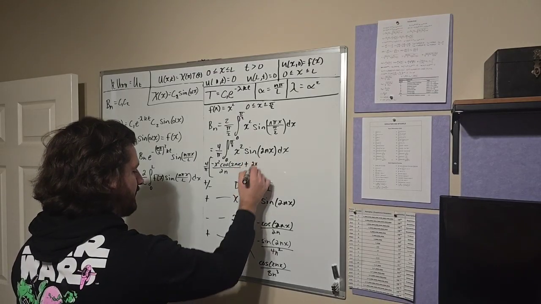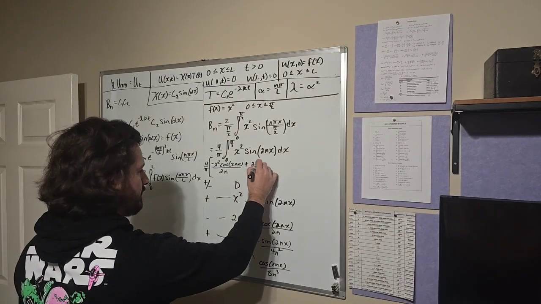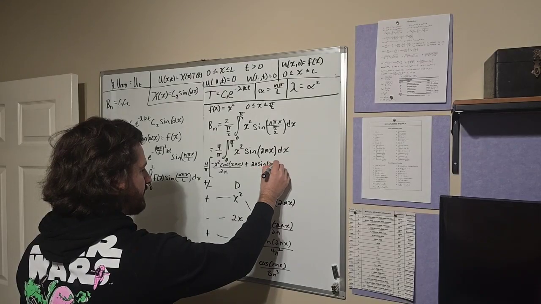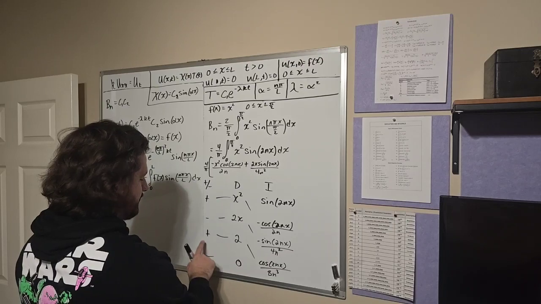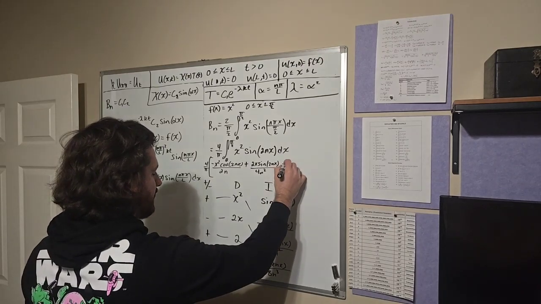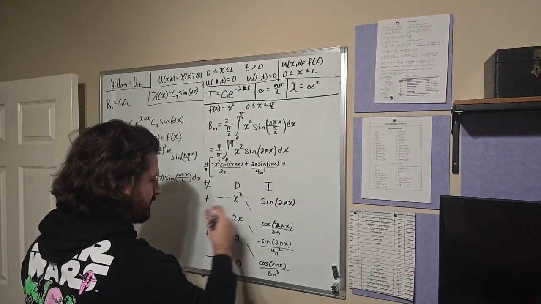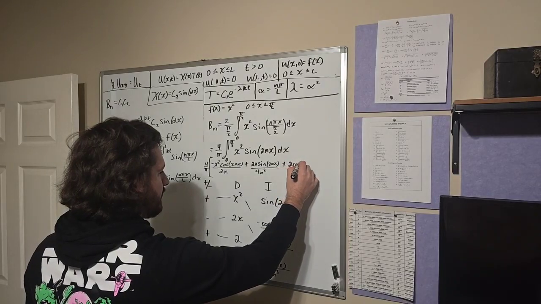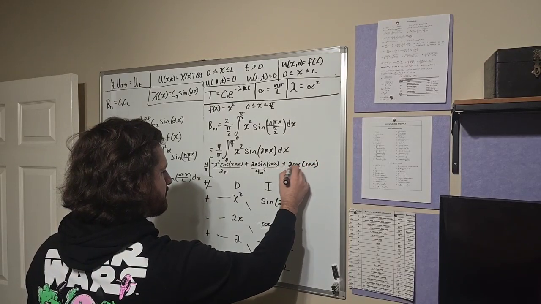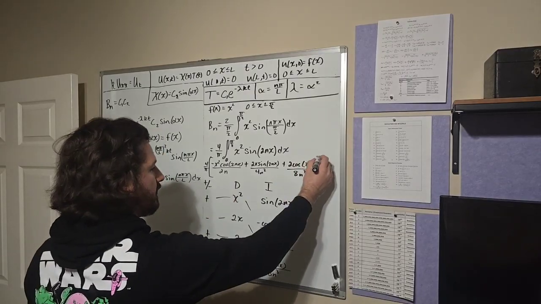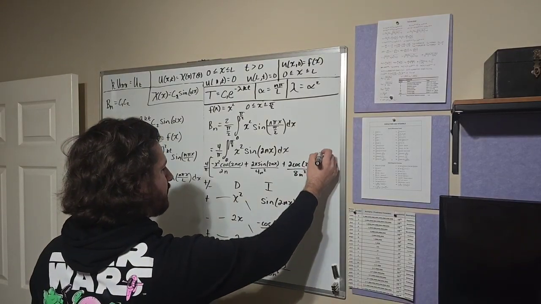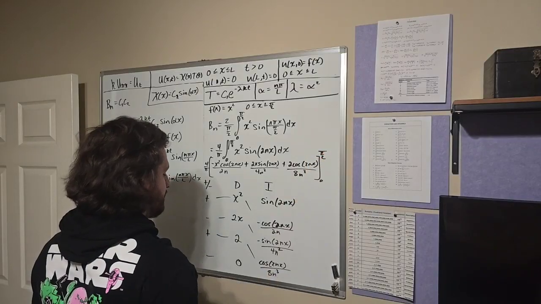And then we have 2x, and then sine, and that's still 2nx inside, and that's divided by 4n squared. And then this last piece is positive, positive, so we get another plus. And then we have 2 cosine of 2nx all over 8n cubed. Okay, and all of this is going to be evaluated from 0 to pi halves.